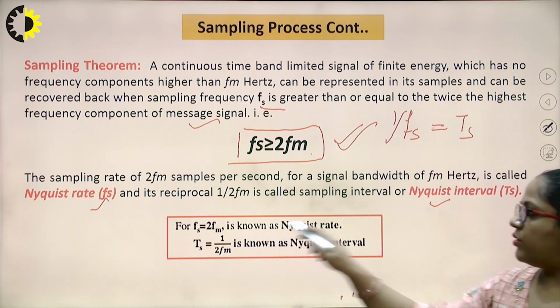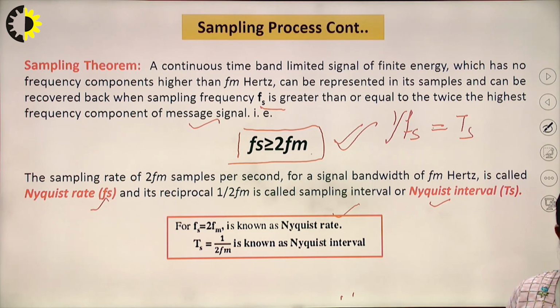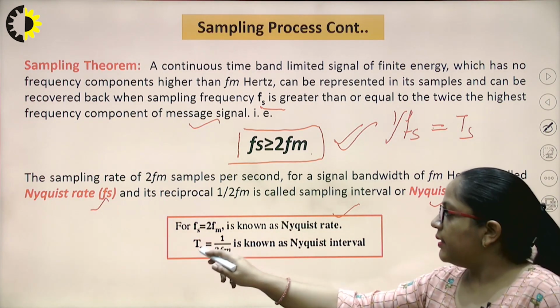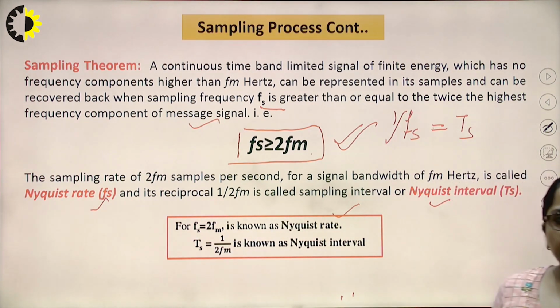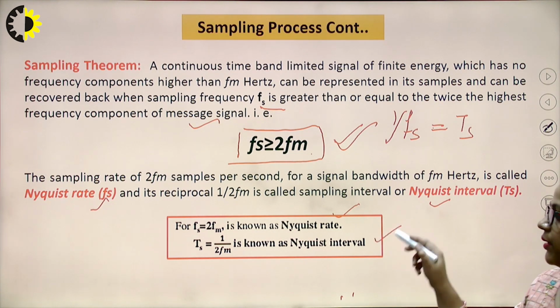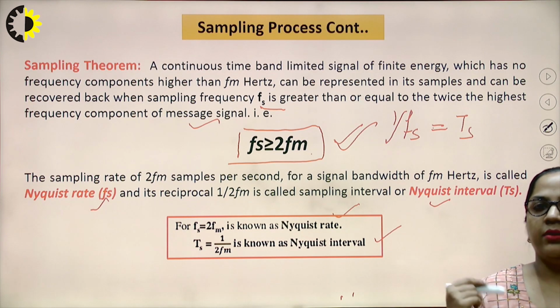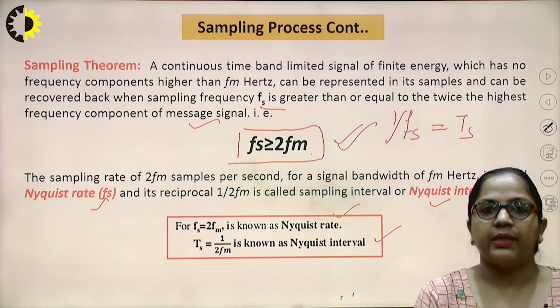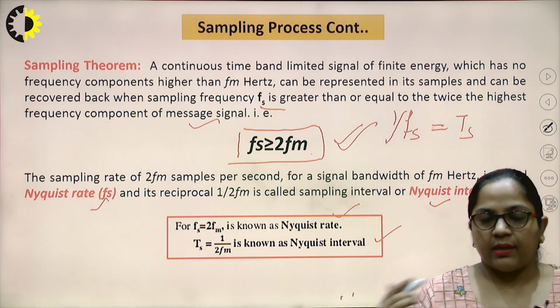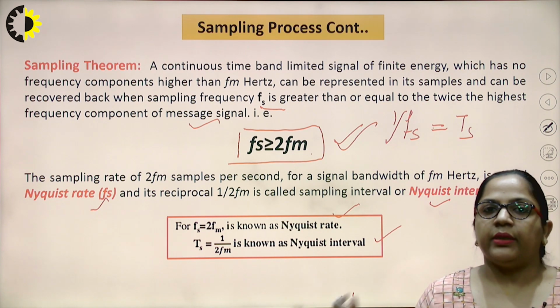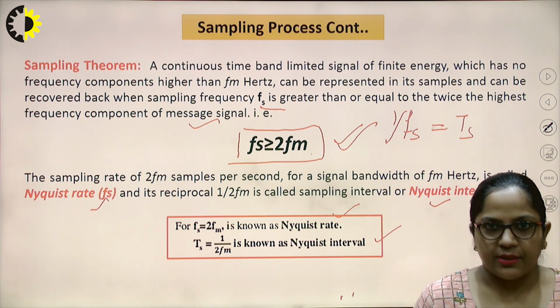So, Fs equal to twice Fm is known as the Nyquist rate, and Ts equal to 1 upon twice Fm is known as the Nyquist interval. With the help of this, we can estimate how many samples are required to represent continuous analog information in its discrete time signal representation.